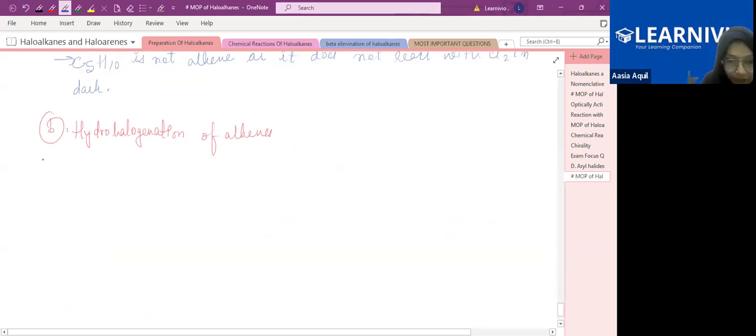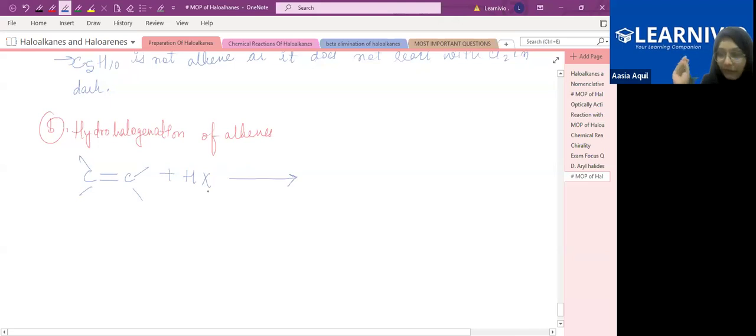For example, if we take ethene and add HX. What is HX? X could be chlorine, bromine, iodine, anything. So halogen acid.